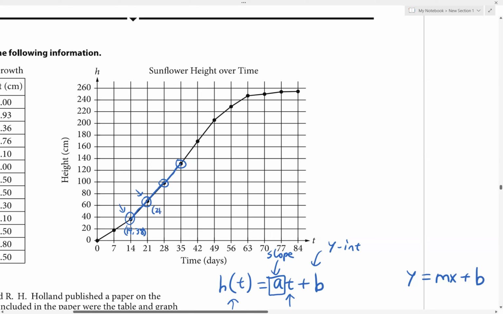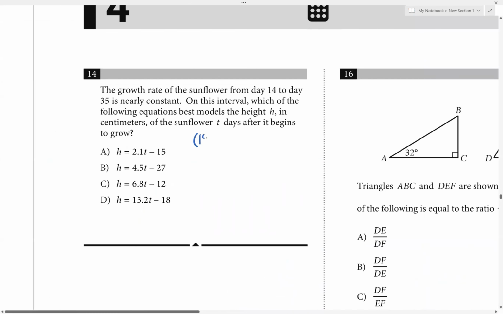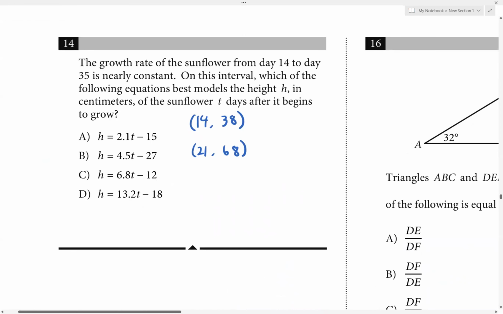Let's just say it's 21 comma 68. So we get 14 comma 38 and 21 comma 68. Those are the 2 points that we pick for that interval.